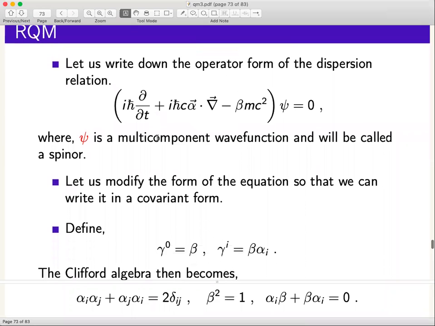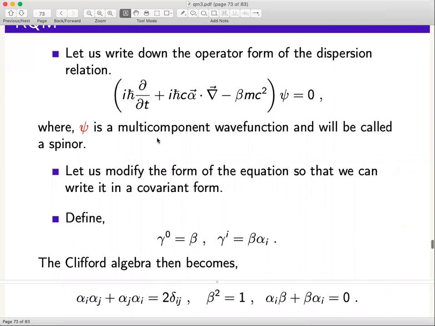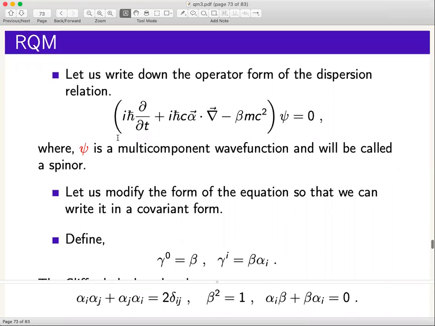So first of all, we see that this equation is first order in the time derivative as well as first order in the spatial derivatives. But there are matrices multiplying the spatial derivative and no matrix multiplying the time derivative. You can remedy this, and bring the equation into a covariant, relativistic form, by multiplying the entire equation by beta.